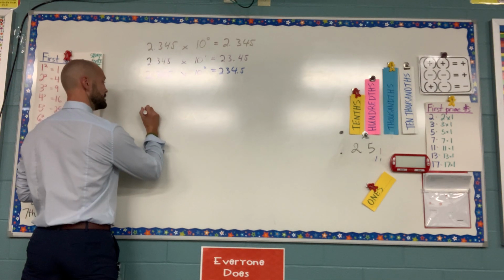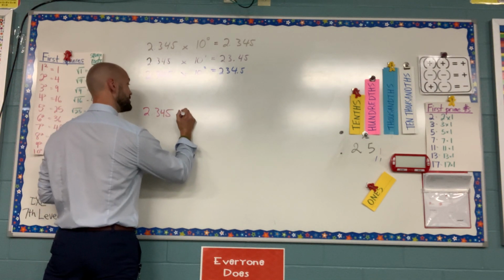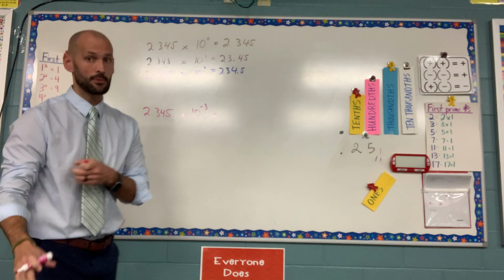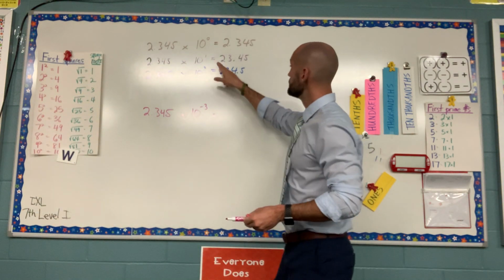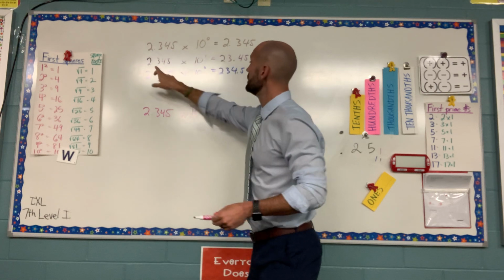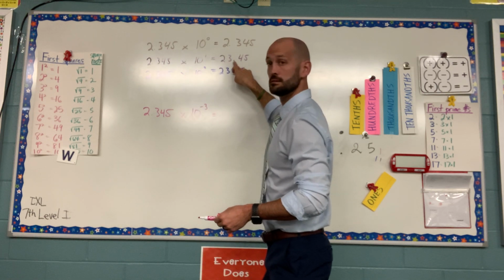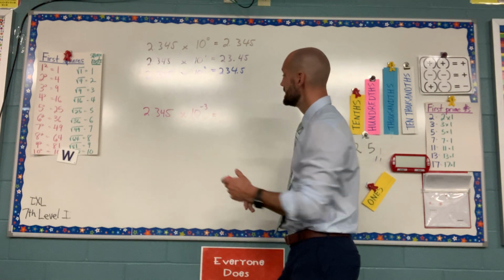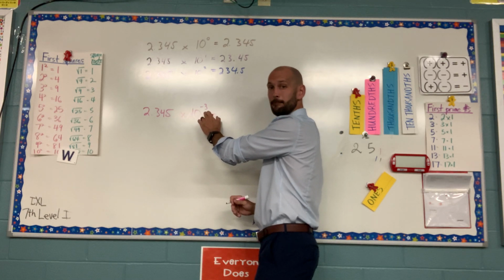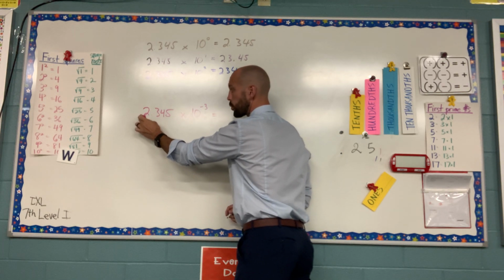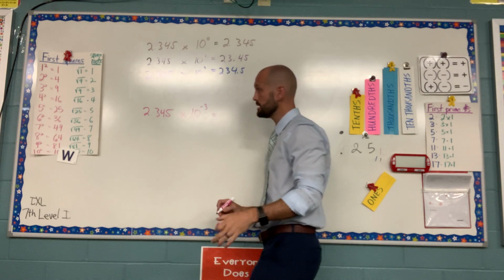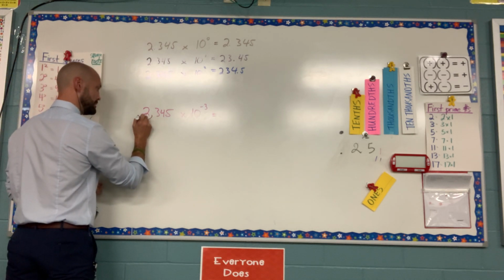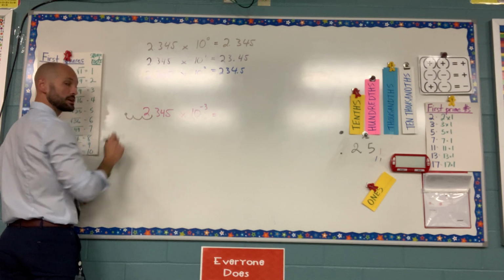If I were to take 2.345, multiply that by 10 to the negative third. Like I said, when I'm multiplying by positive powers of 10, it's moving the decimal. You see how it didn't move here, moved it once, because it told me to move it once. Moved it twice, because it told me to move it twice. To the right. Now I'm multiplying by a negative exponent, meaning it's going to move my decimal 1, 2, 3 off the left side, and those are going to become my zeros.